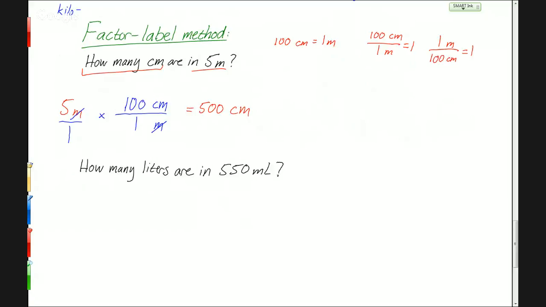So I want you to set up the expression in the same way. We're going to start with 550 milliliters, find a factor that takes us from milliliters to liters, and then end up with an answer in liters. See if you can put that together.